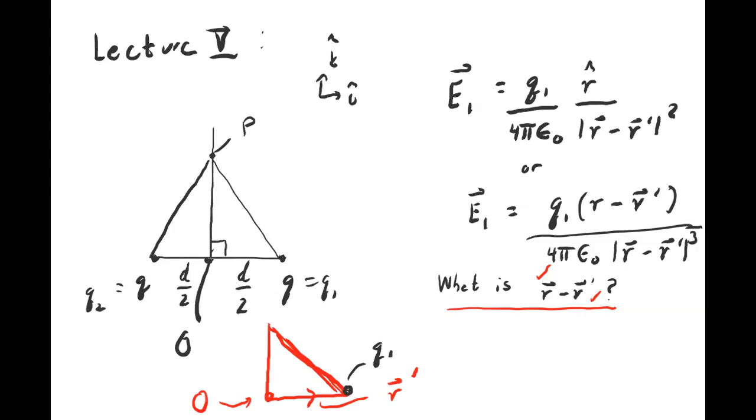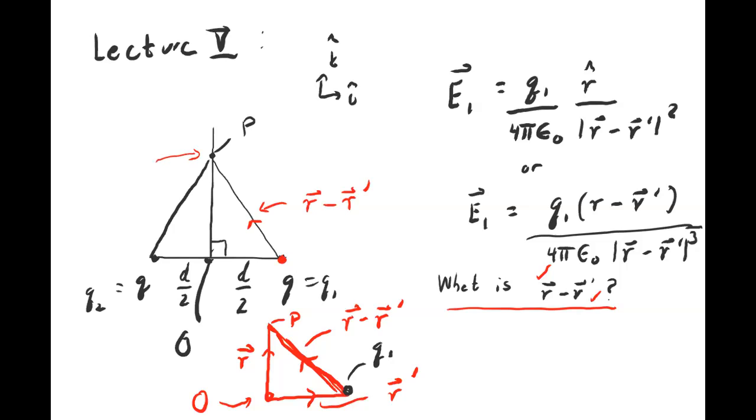There is another vector, r, and it goes from the origin to the point P. That's where you want to calculate the electric field. This vector is none other than r minus r prime. So in this problem, r minus r prime is a vector that starts where the charge Q1 is and ends at the point in space where you want to evaluate the electric field.